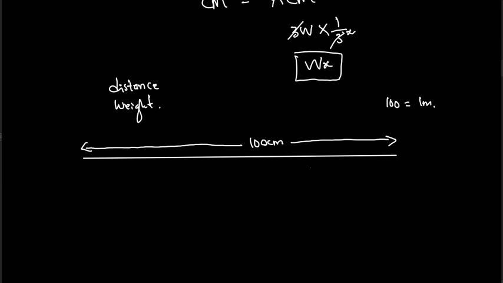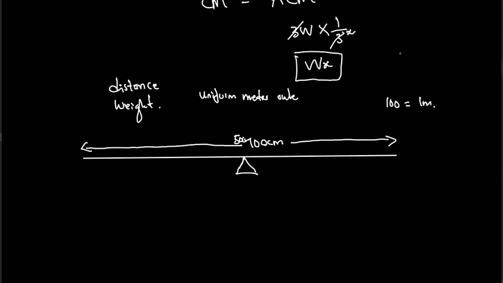So in your question, you see a term like uniform meter rule. What this means is that the mass of the meter rule is even across its length, so it can balance on the 50 cm mark. That is half of the distance.